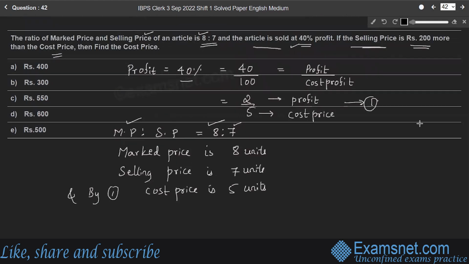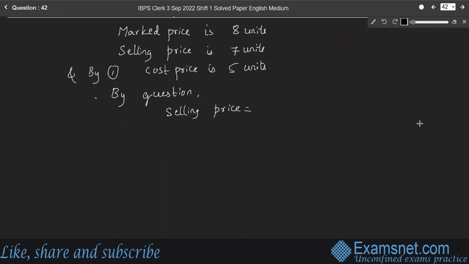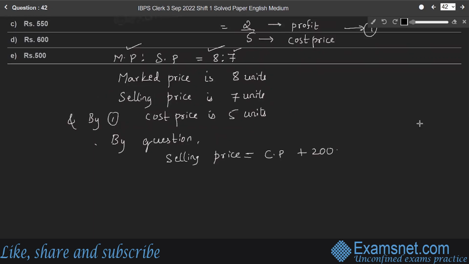From the question, the selling price is 200 rupees more than the cost price. So by the question, selling price is equal to cost price plus 200. Selling price is 7 units, so we can write 7 units as 7 into x.